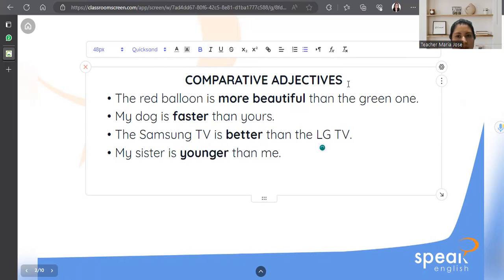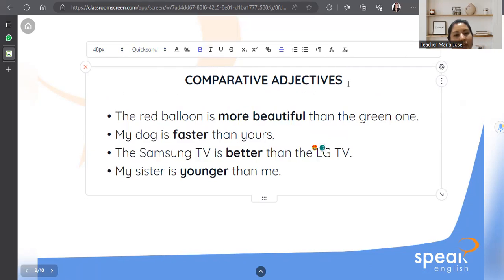Okay, now that we have the different examples, can you tell me what is the structure that we use to create the sentence? What is the structure, David?